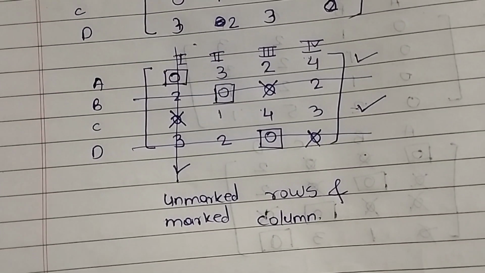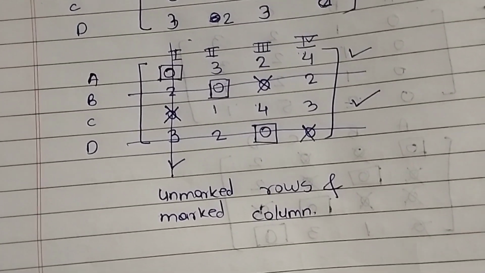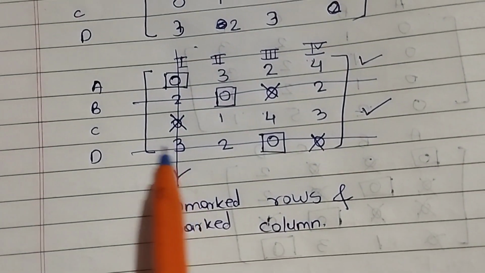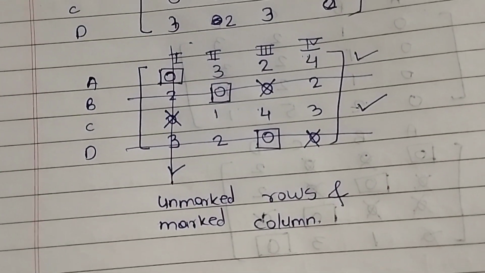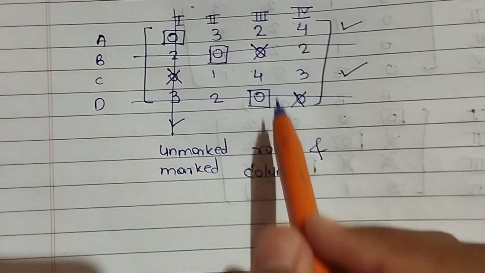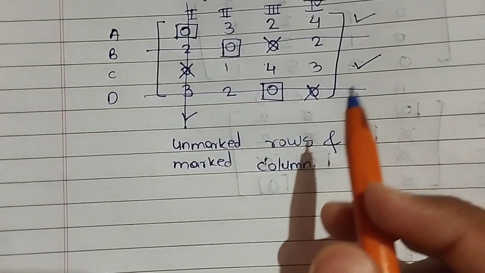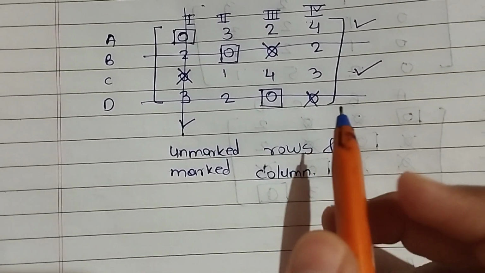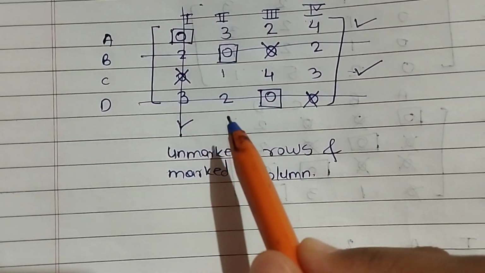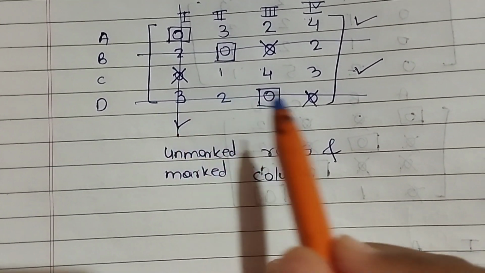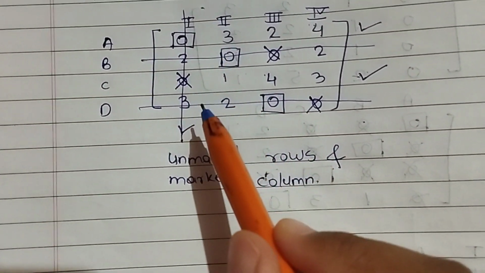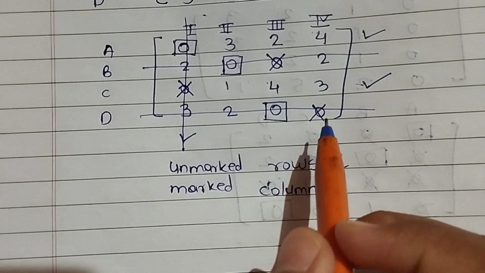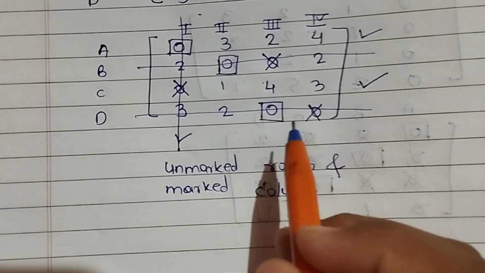The objective of drawing the lines is that we want to cover all the zeros with the minimum number of lines. When we perform the steps, always keep in mind that we want to cover all the zeros in the cost matrix with minimum lines.